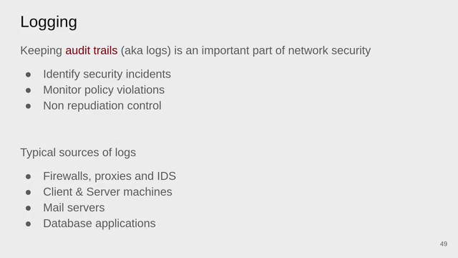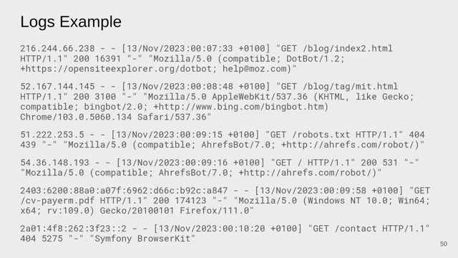Typical sources of logs are firewalls, proxies, IDS, and whatnot, client and server machines, mail servers, and database applications, which all create massive amounts of logs, and you can parse these log files as you go through. For example, this part here is a little snippet from my web server where a whole bunch of robots have been downloading, or trying to download, certain pages.